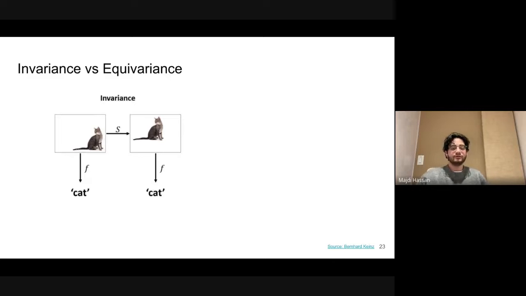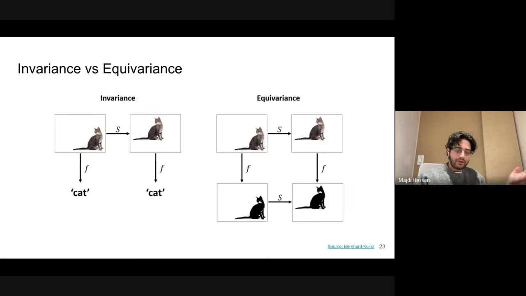This is something we call invariance: your neural network is going to be invariant to certain transformations based on how you've designed it. The output of the model is going to be invariant to certain transformations in the input of the model. Then in the other case we have equivariance, where a transformation on the input into the model has a corresponding transformation on the output of the model.